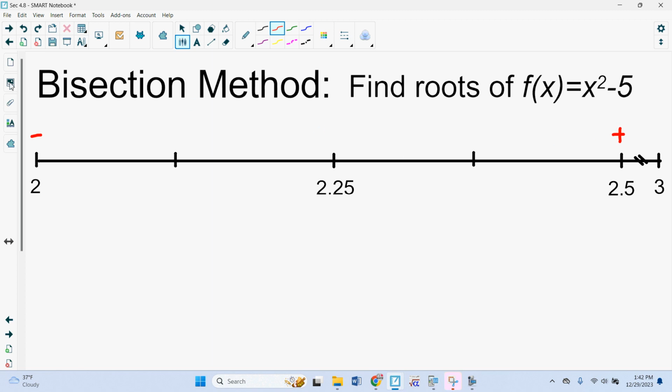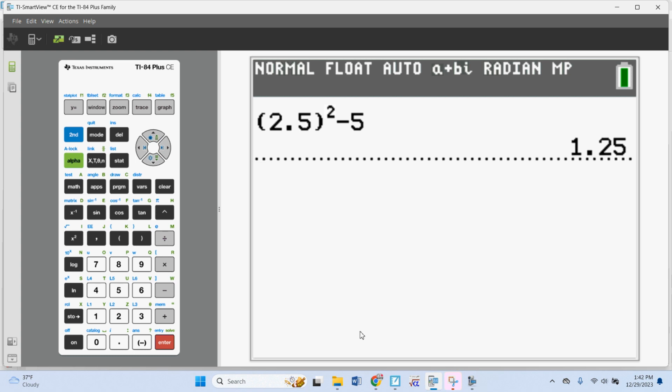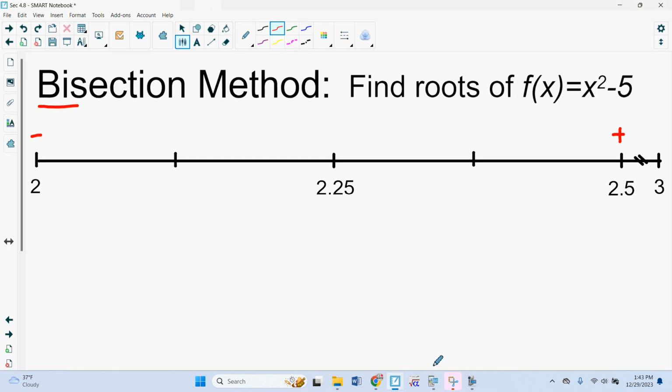So I'm going to use the bisection method. I'm going to go in the middle. So I try 2.25. If I put 2.25 into the calculator and did the same thing, and this is where I'm going to go quickly and just write down the answers, I would get a positive. Now, if I then go in the middle of that, this is 2.125, and I get a negative.